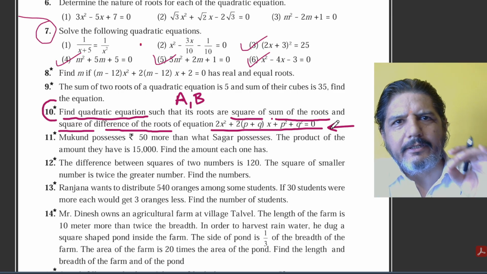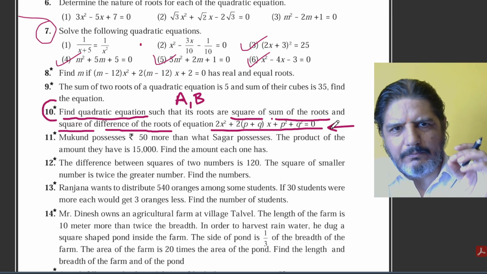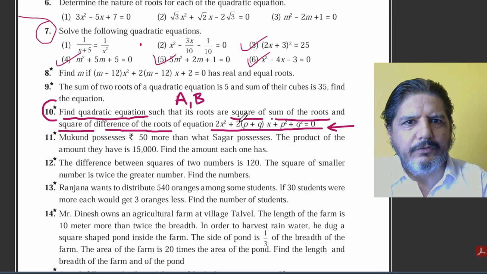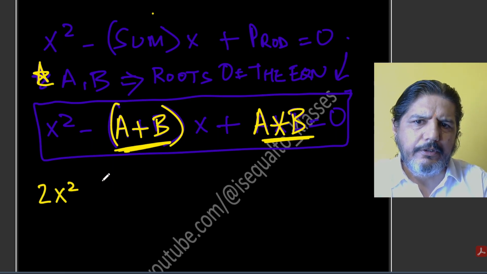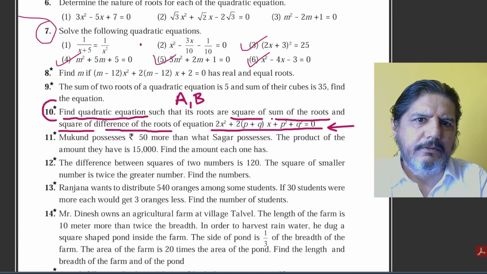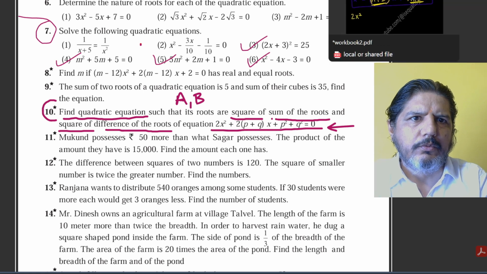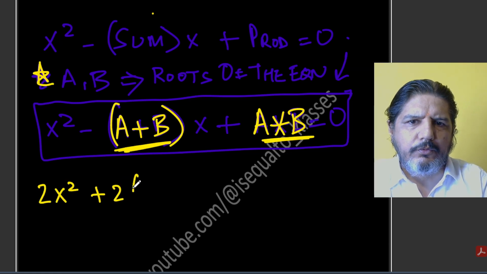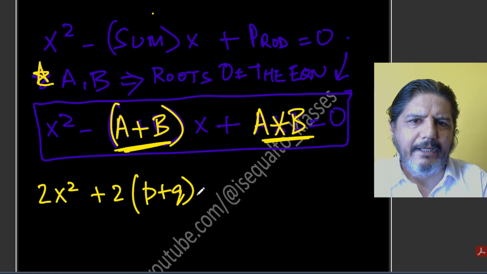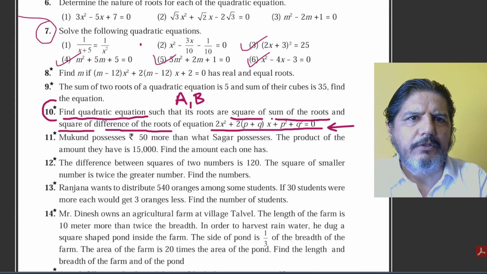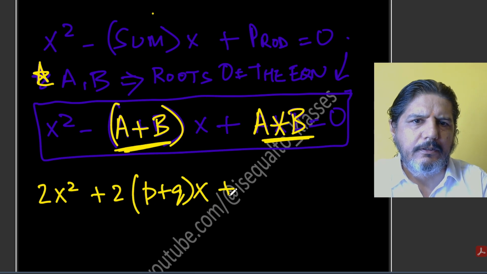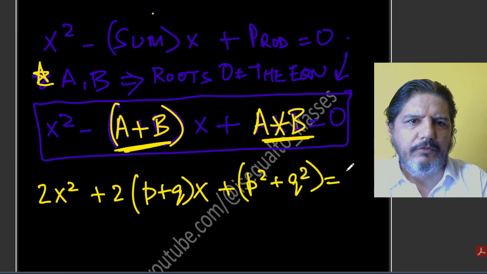Let me tell you what they are trying to say. There is the equation 2x square plus (2p plus q)x plus p square plus q square is equal to 0.